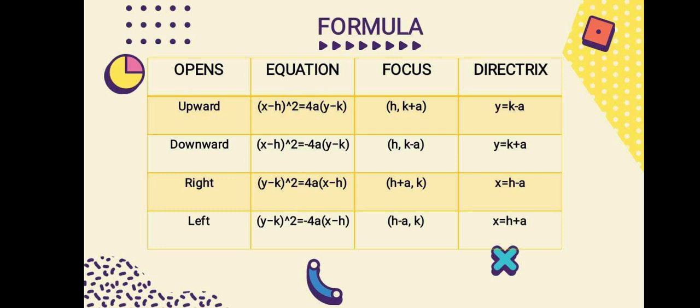The same for downward: y equals k plus a. For the right, x equals h minus a, and for the left, x equals h plus a. These formulas will help us solve problems more easily.